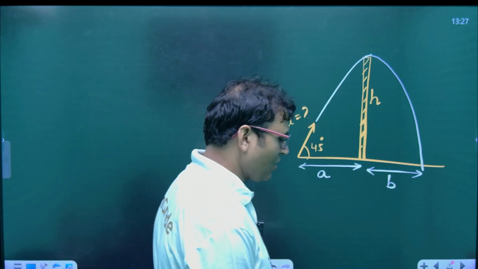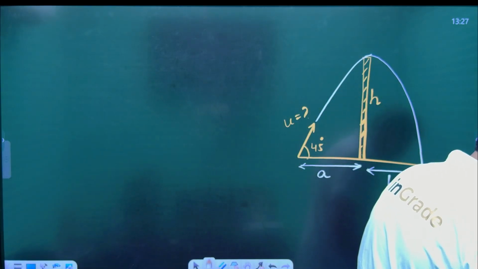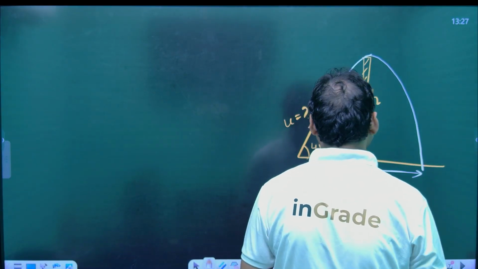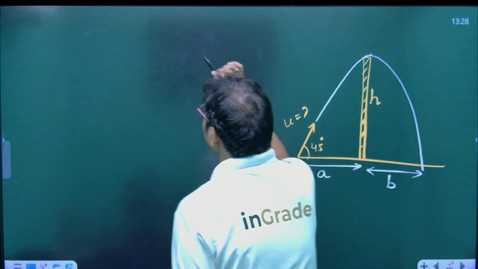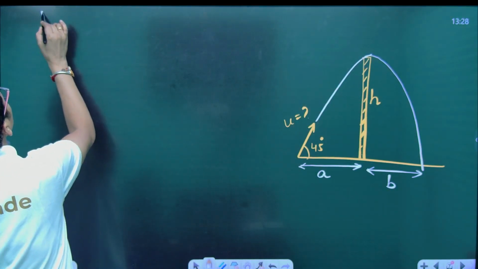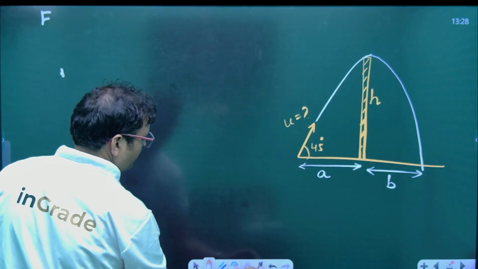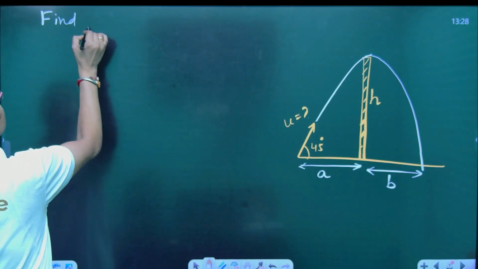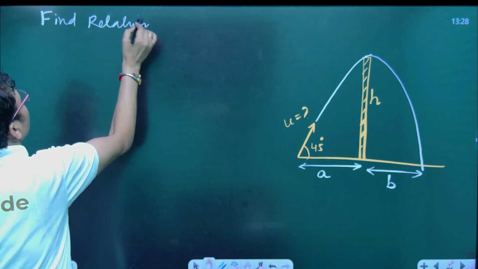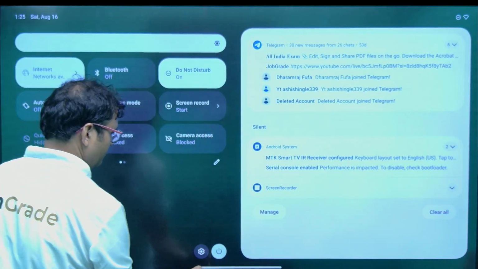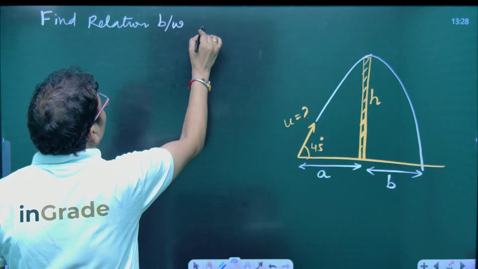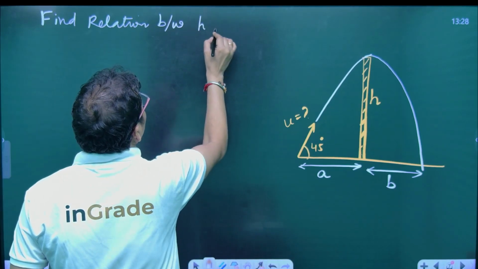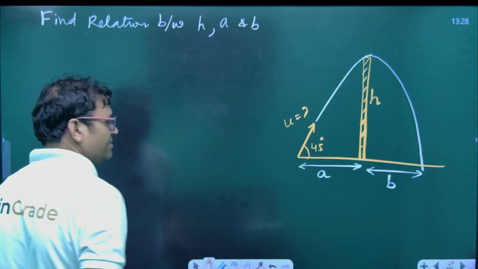Now, the question is, we need to find out the relation between H, A and B. That is the question.